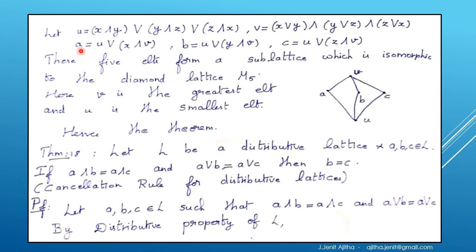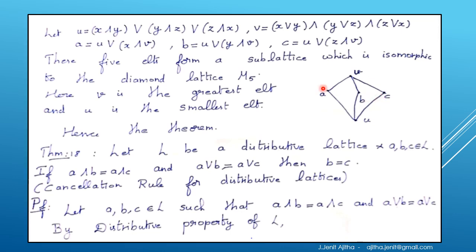And now we can take a equal to (u join x) meet v, and b as (u join y) meet v, and c equal to (u join z) meet v. The three elements a, b and c form the middle elements.